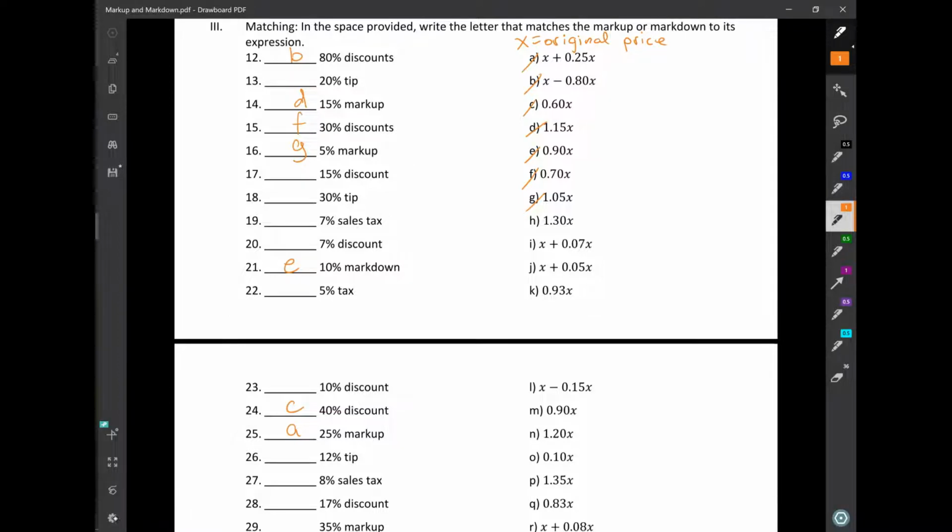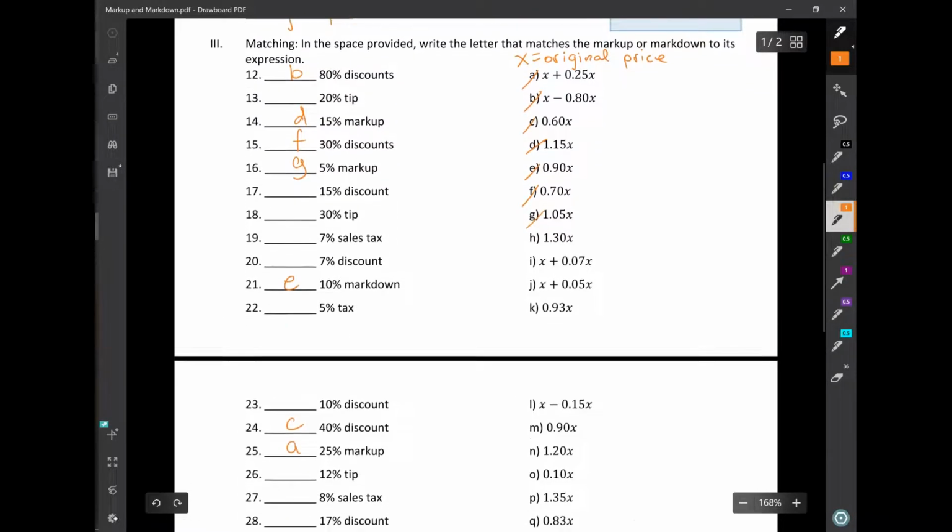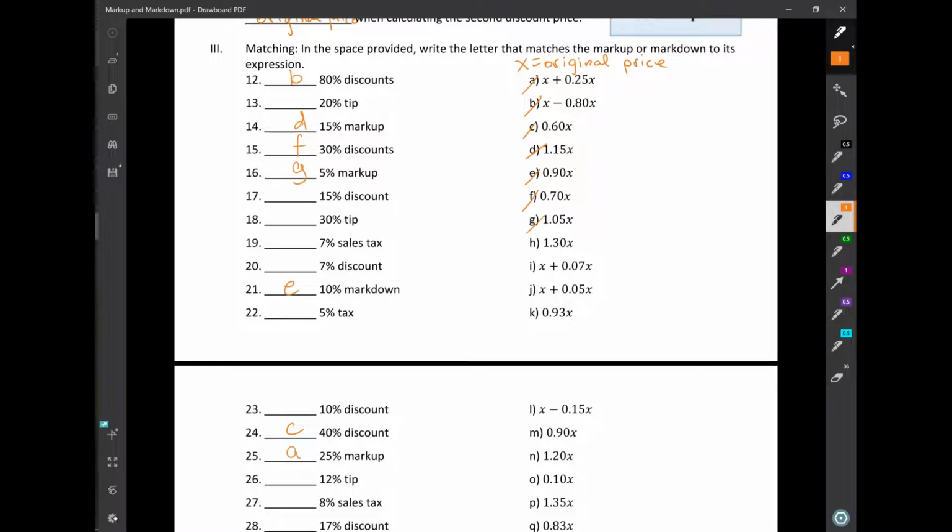1.3, that's 30% larger than it used to be. So I don't see any 30% markups. Oh, there's a tip. Okay, yeah. If you pay a tip, then your total that you pay will be 30% more. A tip is like a markup. You're paying more than what it cost. So H could go on number 18.